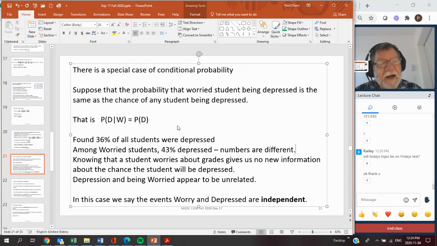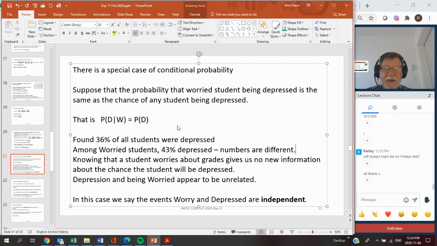If they were exactly the same, if there was no difference between those two groups, we would say that those two events, worry and depression, are independent of each other, that one does not impact the other. But if they're different, then knowing about one gives us insight about the other.